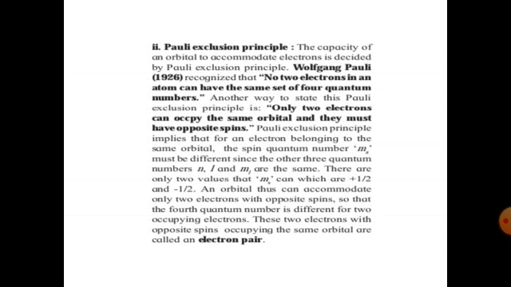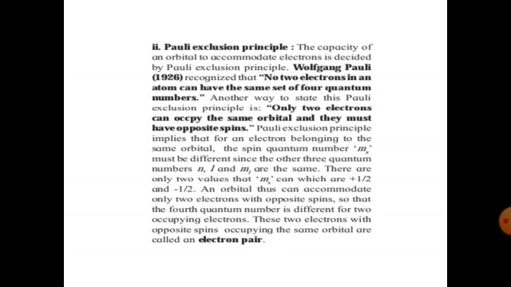So when you use the words electron pair, always remember that one should be clockwise and the other anti-clockwise. Both clockwise, meaning both parallel, electrons cannot be accommodated in one orbital. Always there should be one parallel and the second anti-parallel, or one clockwise and the other anti-clockwise. So Pauli's exclusion principle tells us that the electrons accommodated in an orbital have opposite spin.